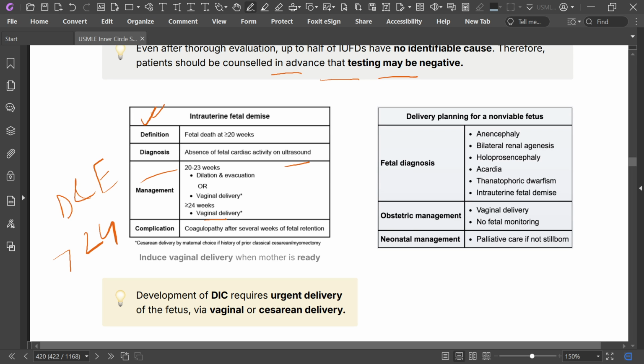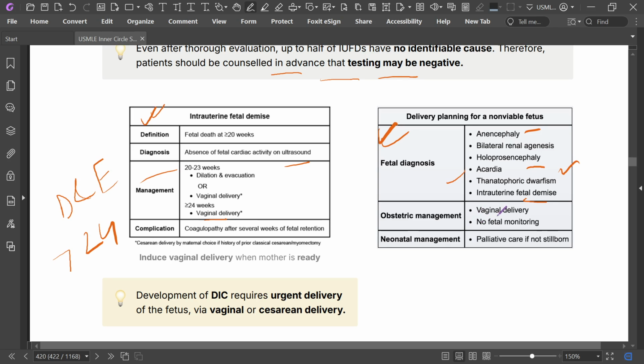Okay, delivery planning for a non-viable fetus. Fetal diagnoses include anencephaly, bilateral renal agenesis, acardia (no heart), holoprosencephaly, thanatophoric dwarfism, and intrauterine fetal demise.